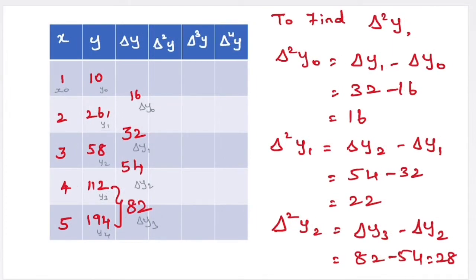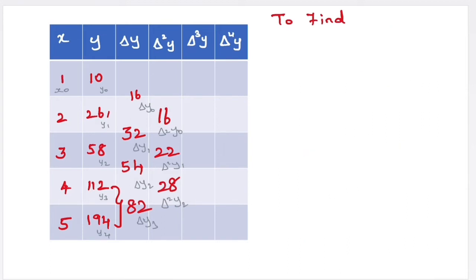So now put your values in the table. This is 16 and this is 22 and finally 28. So now this will be your del square y naught, this is your del square y1 and this is your del square y2.